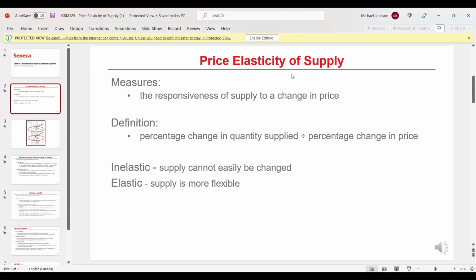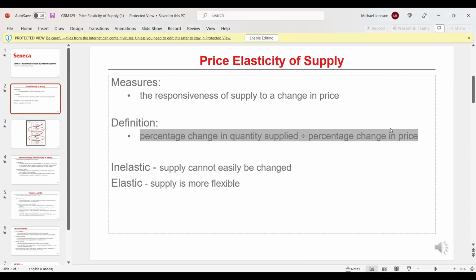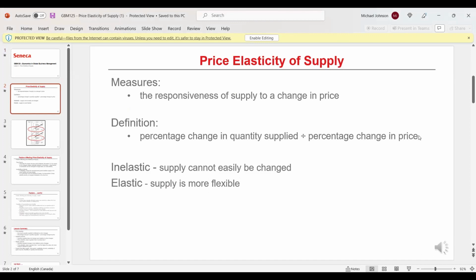So price elasticity of supply is the responsiveness of supply to change in price. You get this through percentage change in quantity supplied divided by percentage change in price. Inelastic supply cannot easily be changed, and elastic supply is more flexible.